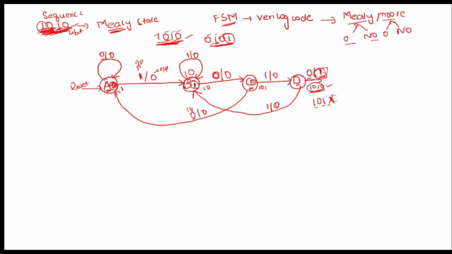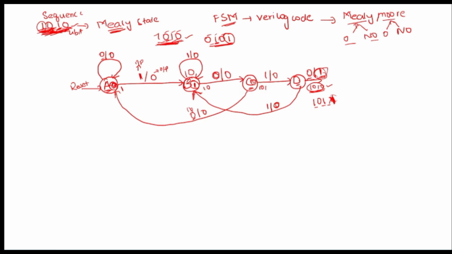But if you are getting 1, it means the sequence is broken here. Since it is broken, it will be going to the previous state where the particular 1 state is there, and the output is still 0. Again from here the sequence will be starting. Clear? So this is how the sequence is. This is the state diagram of Mealy state.